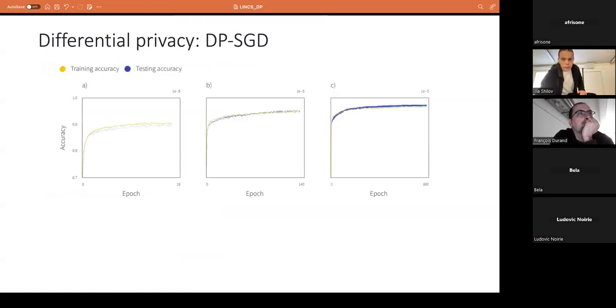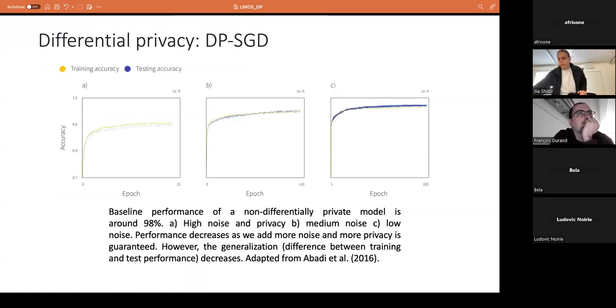Sorry, I forgot to say something about performance. We have high noise and high privacy, medium noise, and low noise. Clearly, when you add low noise, it works better. But generalization works quite fine.